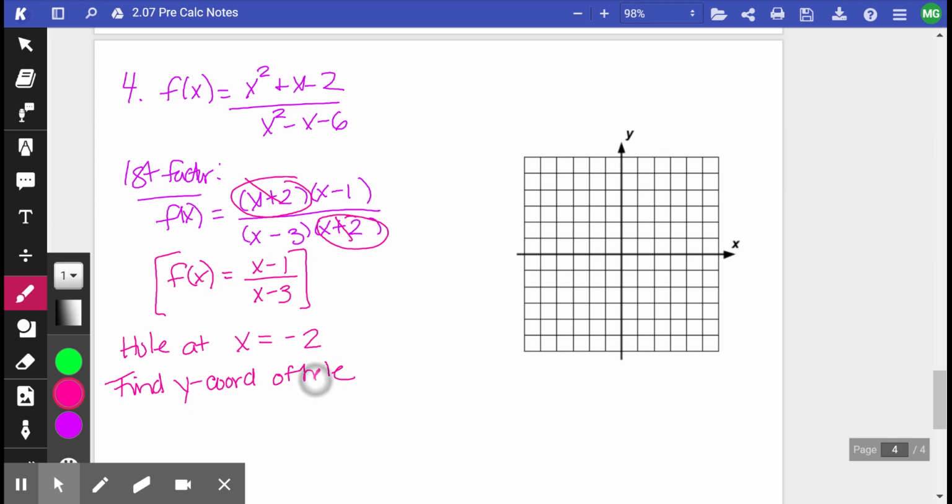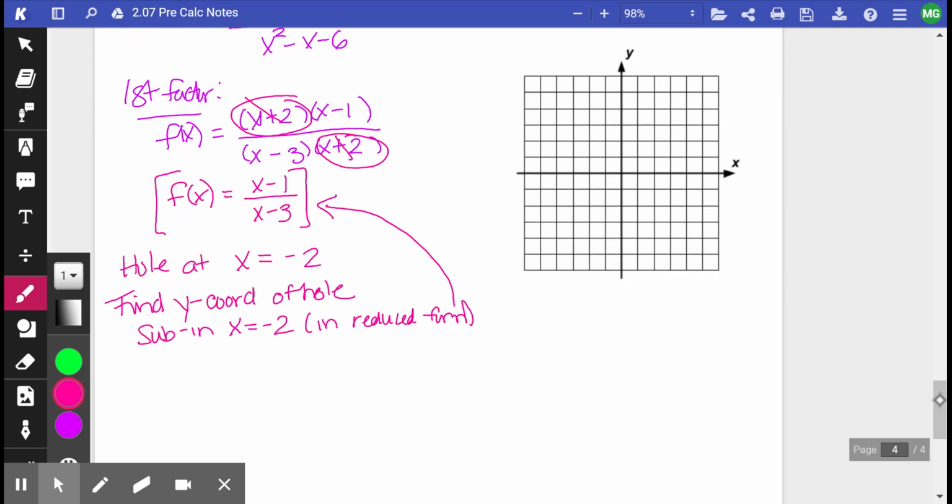So to do that, you're just going to sub in x equals negative 2. Again, you want to use the reduced form, meaning this form right here, because if you put in the original, negative 2 plus 2, that's going to give you 0 in the top and the bottom, which is going to give you 0 over 0. We want to know what the actual y coordinate would be of that hole.